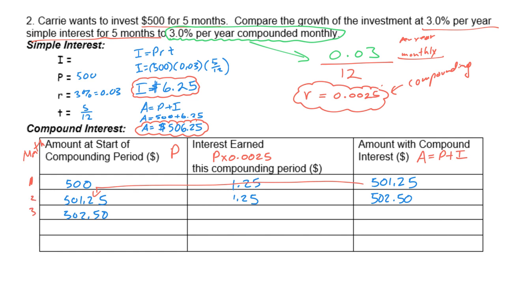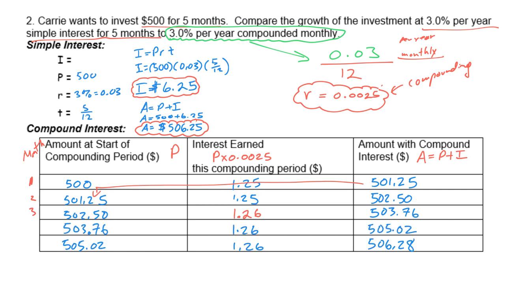And now we multiply by this constant rate for each month. And now you end up with, instead of $1.25, $1.26 due to rounding. So now you end up with a total of $503.76. And let's continue. Pause the video, do the last two sections, please.